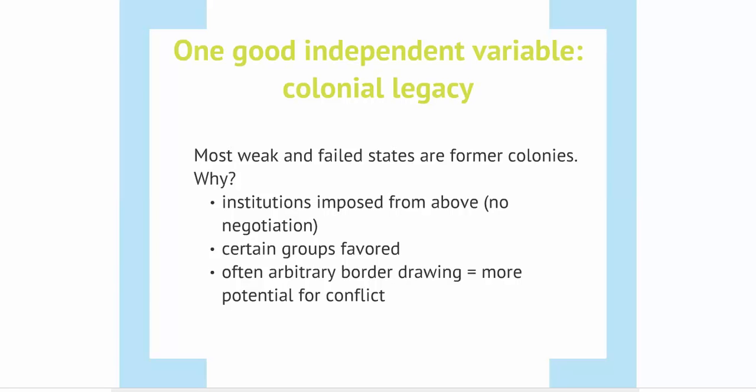Finally, the borders drawn by colonial powers as they exited often were quite arbitrary, and that increased the potential for conflict, because that meant that national and state boundaries often did not align.